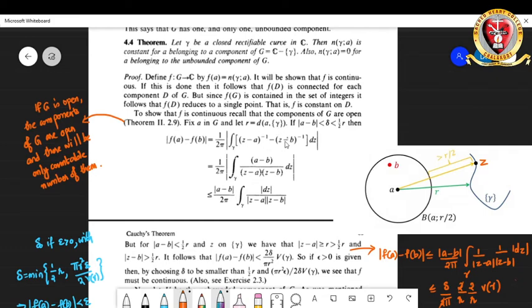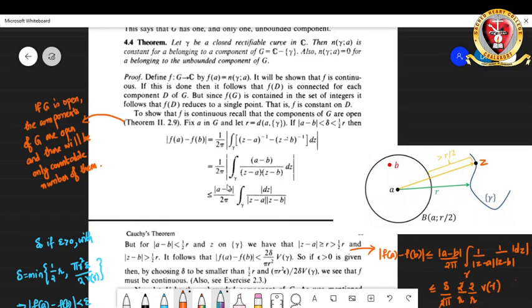Rearranging using the LCM of the fractions, you get a minus b in the numerator and, in the denominator, z minus a into z minus b.